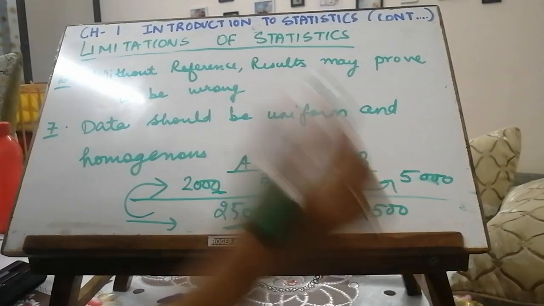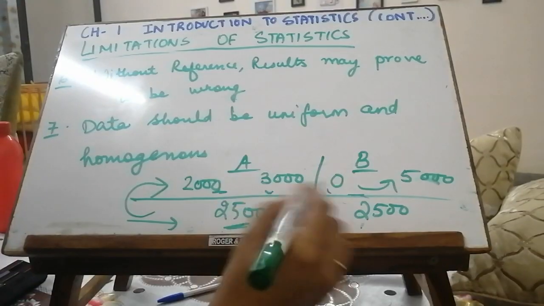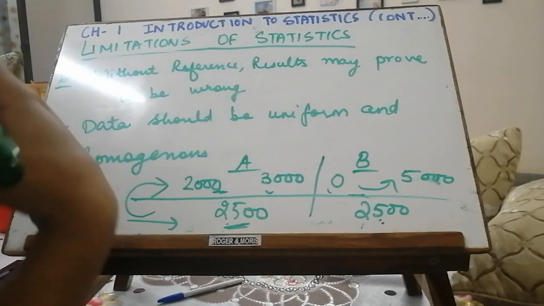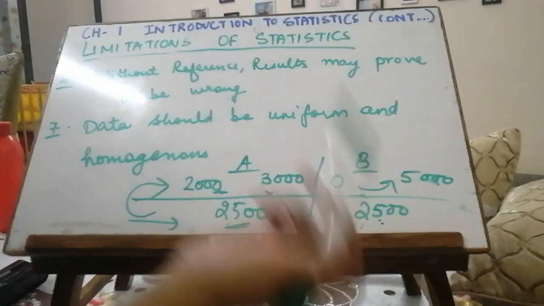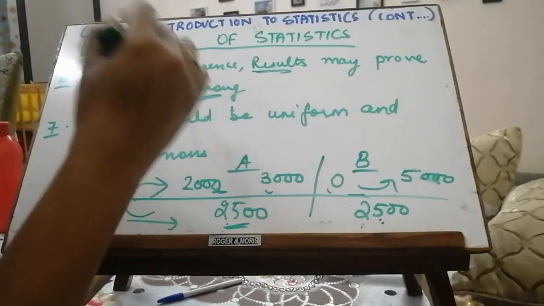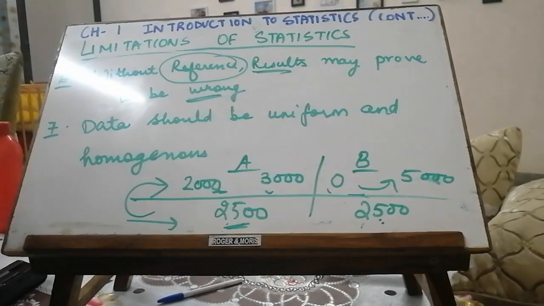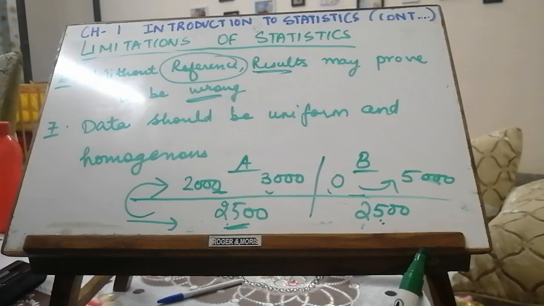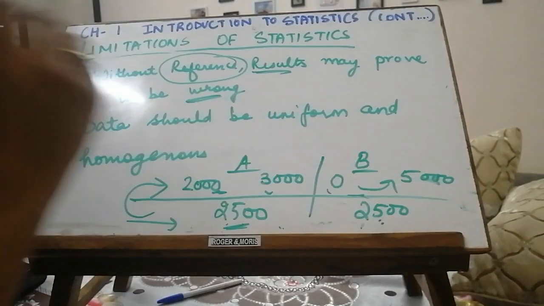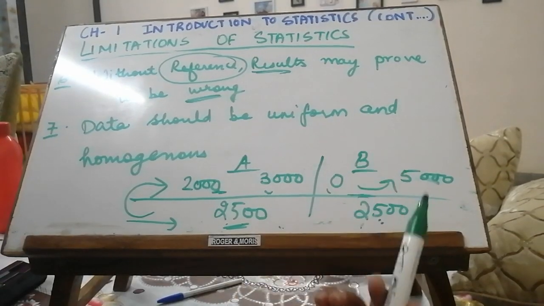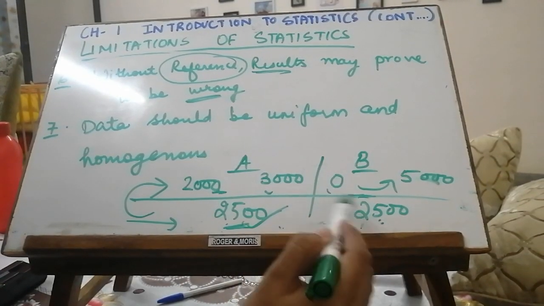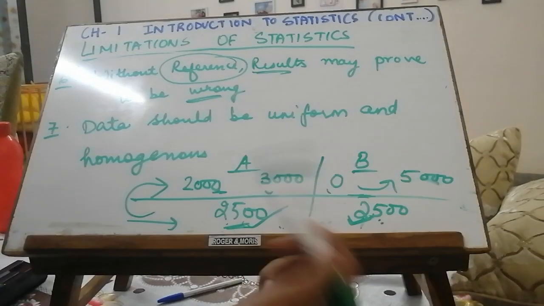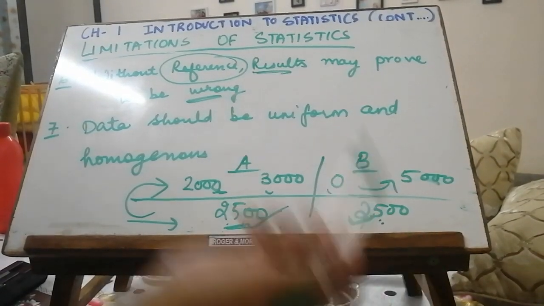Without these references, the results tell you that both are the same, but they are not. So the results will be wrong without proper reference to the background of what is happening. This also connects to the earlier point that it may be true only on average. Just telling you that the average is 2,500 is not enough. Individually it might be a different story.